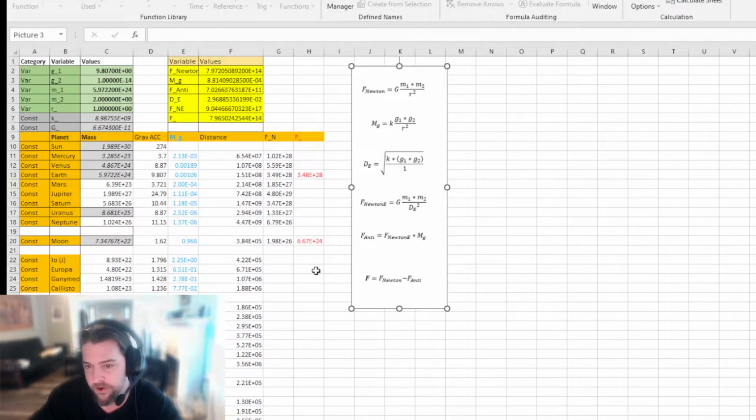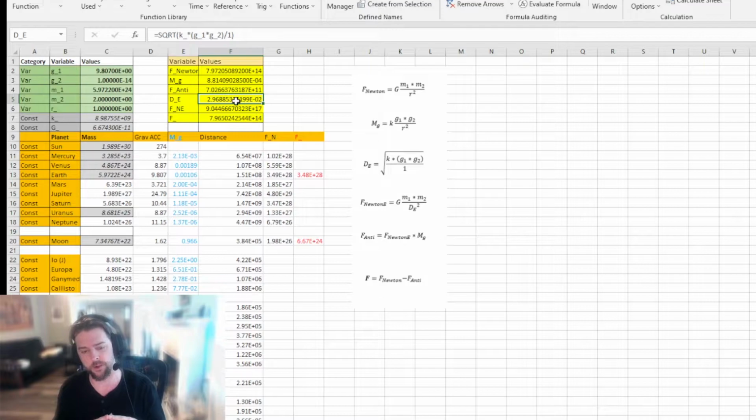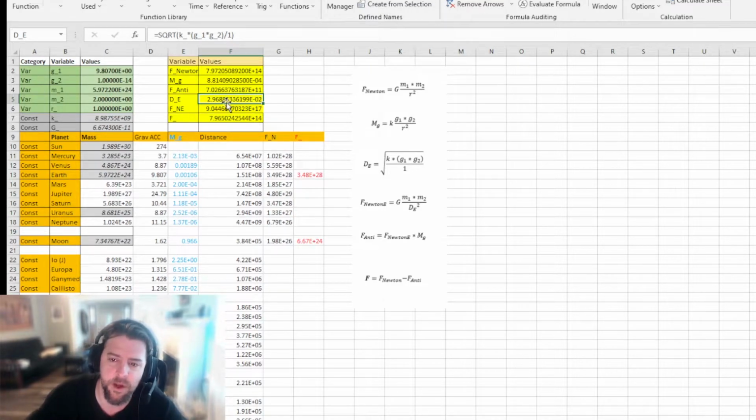It's kind of a long series of things. This also tells me the optimal distance, when the repulsive force of gravity starts to win out and become dominant over the pulling force. That's what I designed this formula to tell me, assuming everything works.